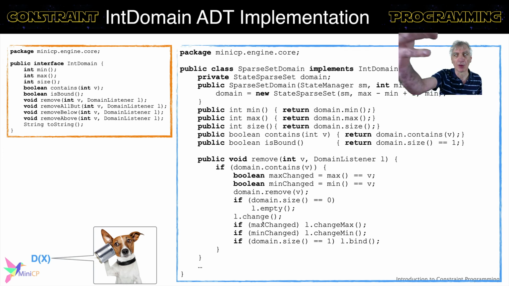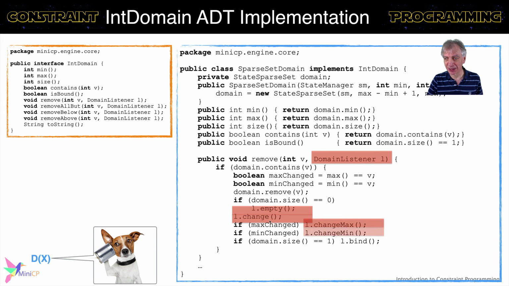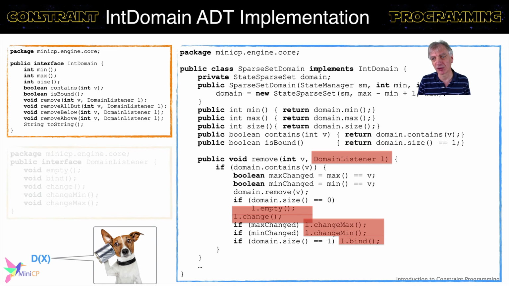It's going to tell the solver, please propagate these constraints. Wow, isn't that cool? So the domain listener, every time you have an event like this, is going to tell the listener that I've shown you inside the implementation of the variable, and it's going to propagate the lists which are inside the variable itself. Now you see a beautiful implementation, and you see this connection between the variables and the constraints.